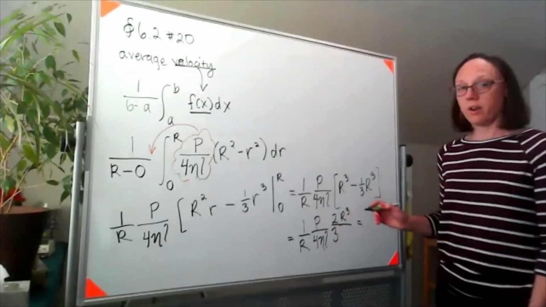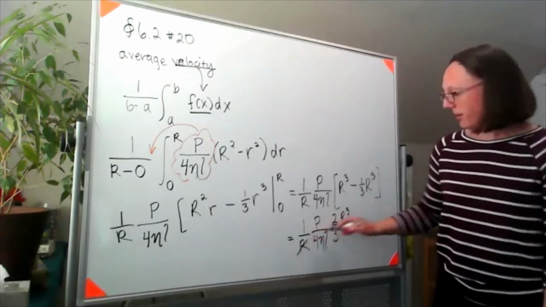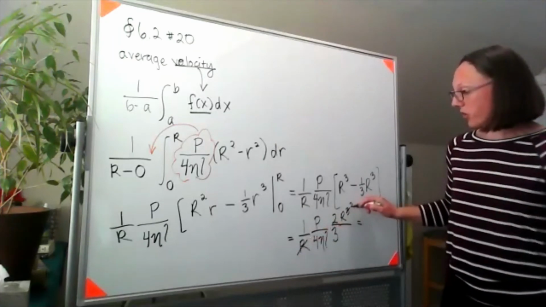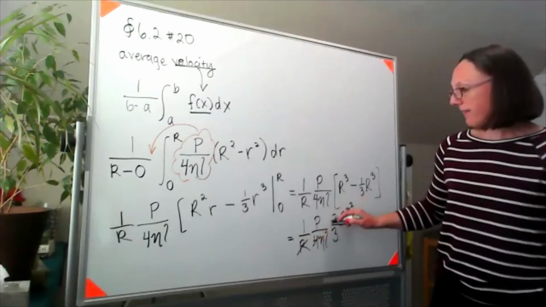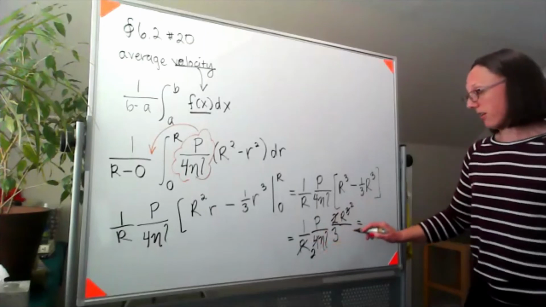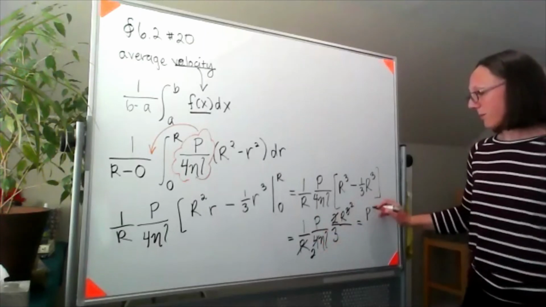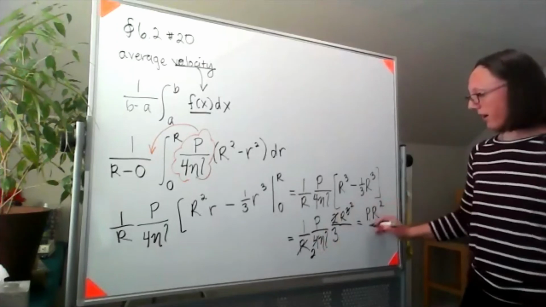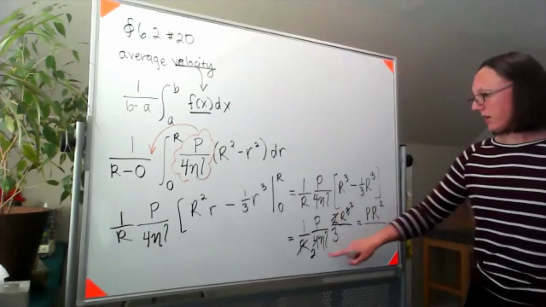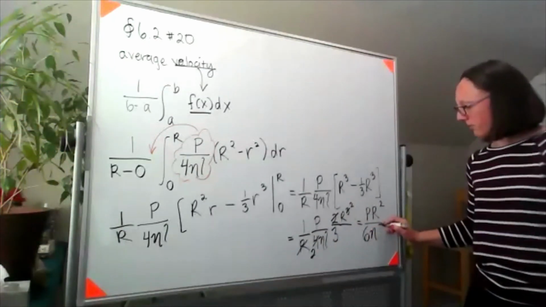And taking that one extra step for simplifying, this R in the denominator would cancel out one of the R's in the numerator, and the 4 and the 2 would simplify, leaving me with a 2 in the denominator. So I think the most simplified form I could write this in would be P R squared all over 2 times 3 would give me 6 mu L.